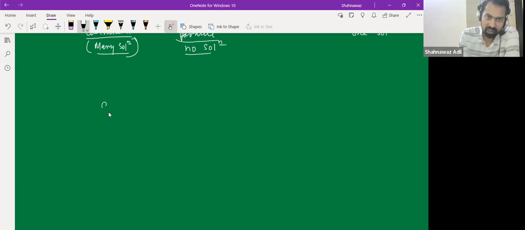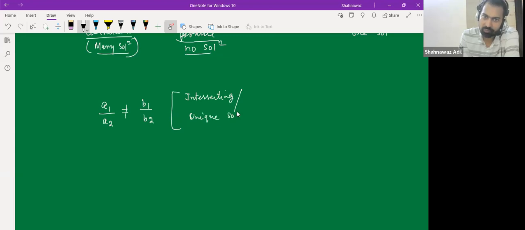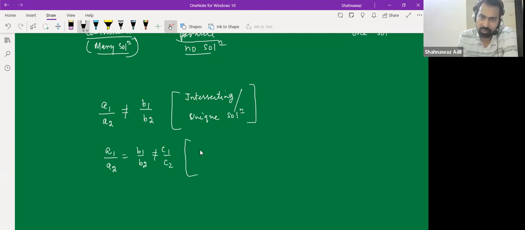Whenever we have a1 by a2 not equal to b1 by b2, this is the intersecting case. Intersecting meaning that we have a unique solution. And if we have a1 by a2 equal to b1 by b2, but not equal to c1 by c2, then this is the parallel case.